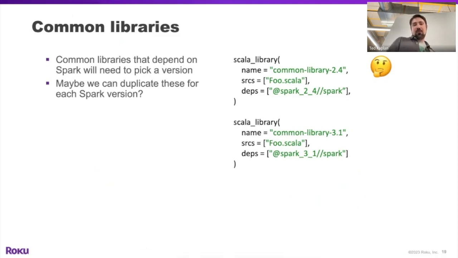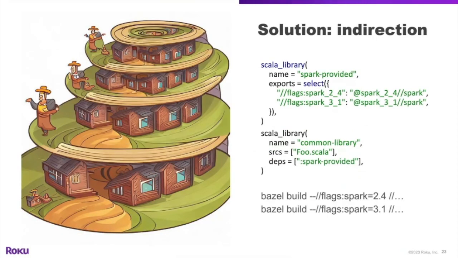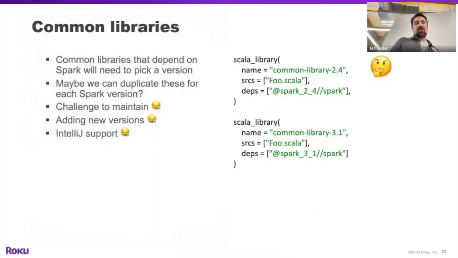The first order approach you could do is just fork all of the targets for your common libraries, have one version mapped to one Spark version. But this is a pain. If we add a new Spark version, we have to manually update these targets. This is going to break IntelliJ in a few different ways. So, not great.